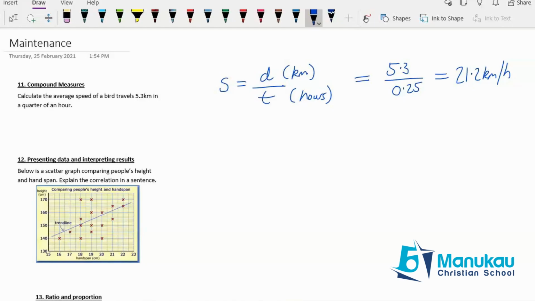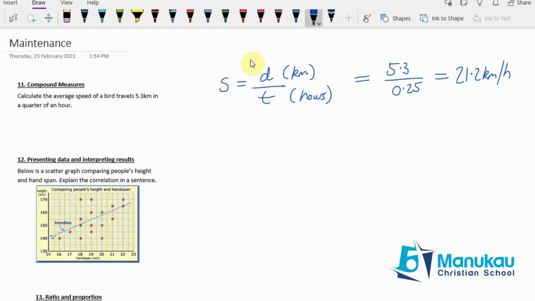Okay, and then we can use this to see if there's any correlation between how tall you are and how big your handspan is. And you can see that there is. They've drawn a trend line, and it basically shows you that the taller you are, the higher your handspan is going to be.